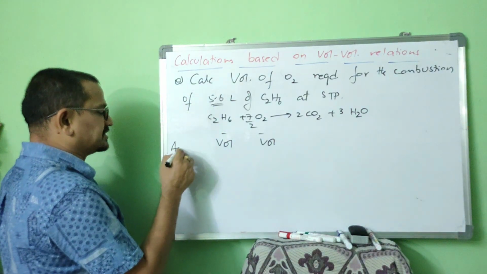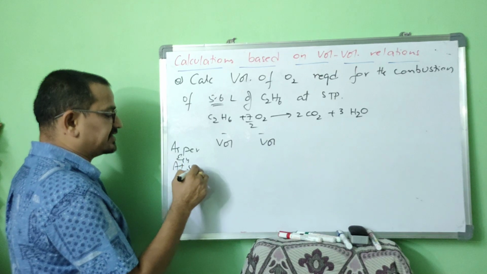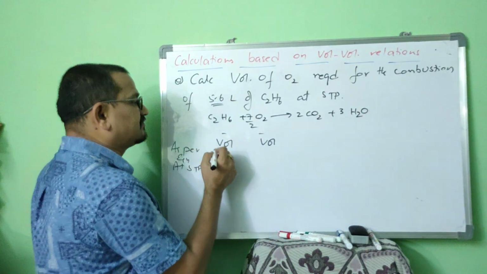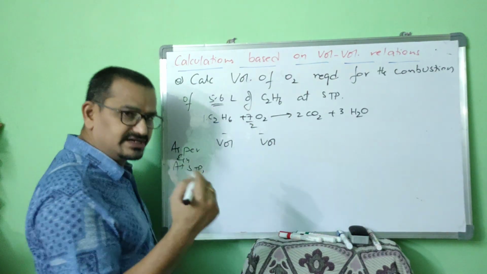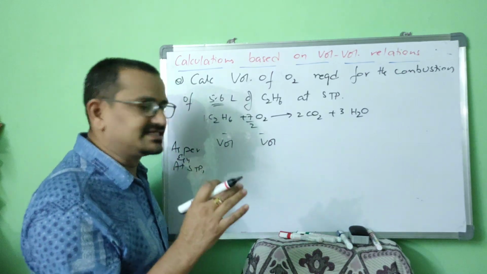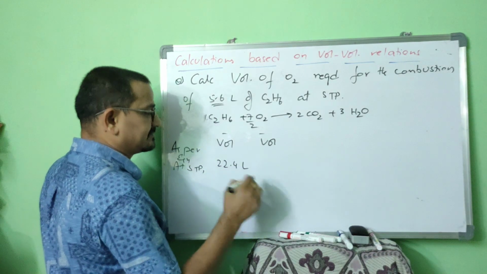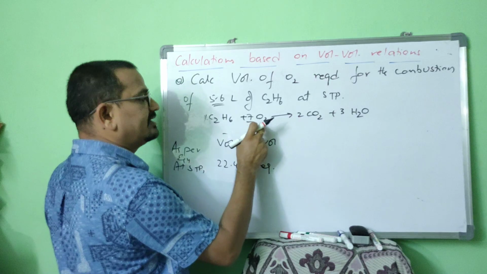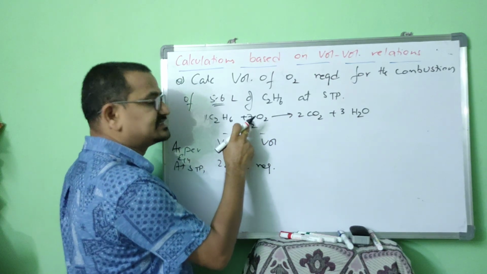So as per the equation at STP conditions, what volume is giving what volume? 1 mole at STP occupies 22.4 liters. Now for this question we are following the 22.4 liters value, right? 1 mole at STP occupies 22.4 liters and requires how many liters of oxygen? 3.5 moles here, 7 by 2 means 3.5.